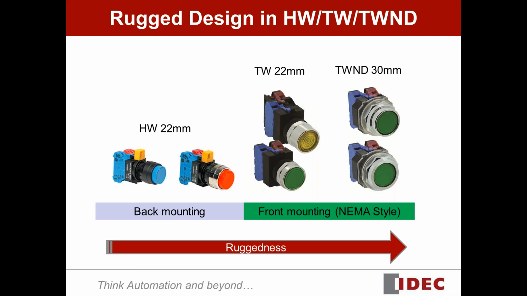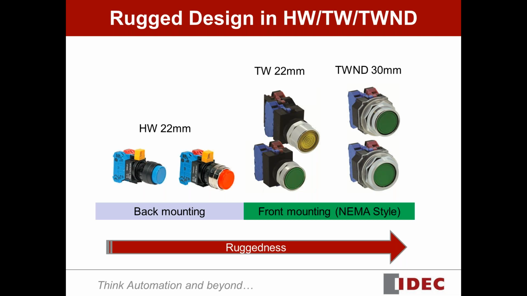That increases the ruggedness of the switch and it can withstand heavy impact. And if that is not enough, you can consider our TWND series, which is 30 millimeters and an even more rugged design. It has not only an octagonal locking nut or bezel front, but the operator and the thread are also die cast, so it's a metal operator as well.